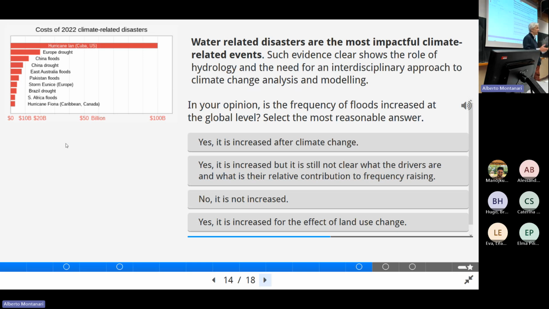Of course, if you're flooded in an area that has no value, you don't have any damage. So it's a different story, talking about damage and talking about flood frequency. The damage is increased, but if we look at the frequency of floods, the picture is not so clear.